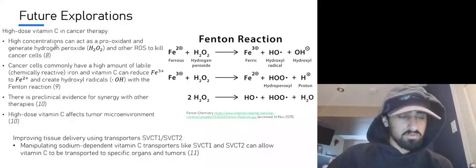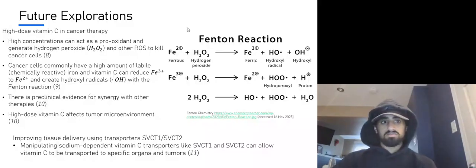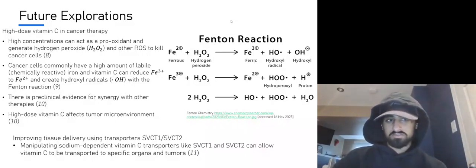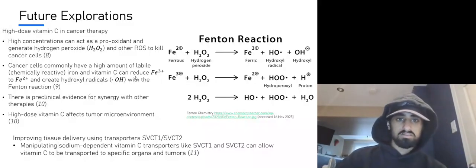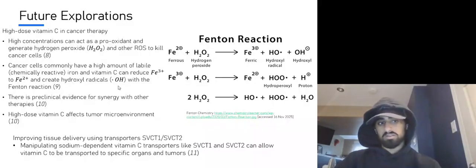For using vitamin C in cancer therapy, high concentrations can act as a pro-oxidant and generate hydrogen peroxide and other reactive oxygen species to kill cancer cells. And cancer cells commonly have a high amount of labile, or chemically reactive, iron, and vitamin C can reduce iron 3 plus to iron 2 plus and create hydroxyl radicals with the Fenton reaction.